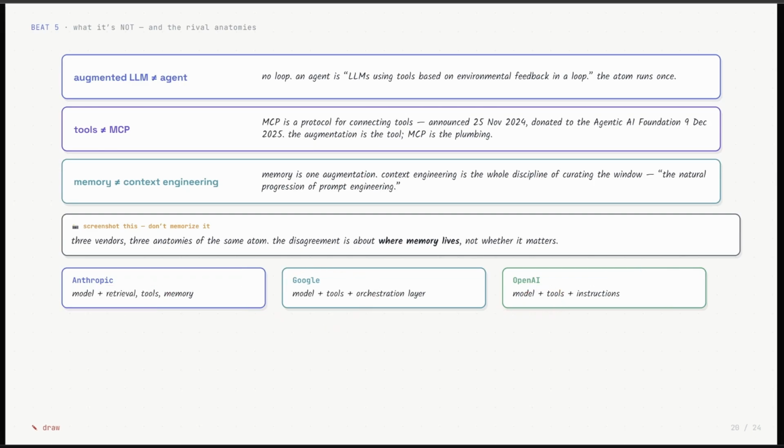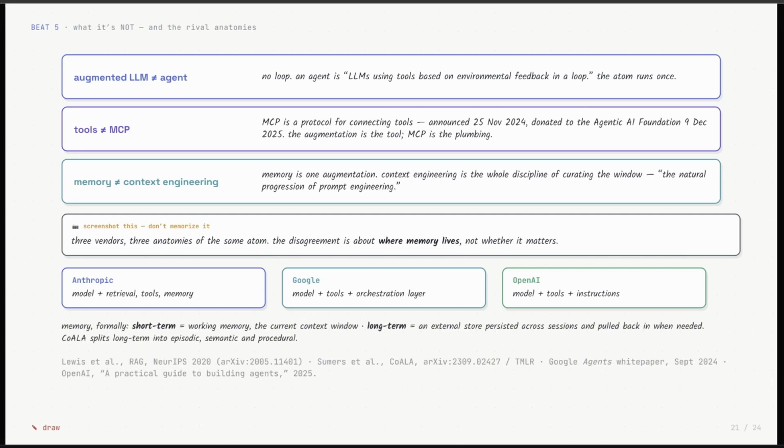But after that, the disagreement is about the memory, where the memory lives, how to call it. I don't think this disagreement really matters, because at the end of the day, it's a token. It's an input token for your agent, and you need to decide if it should be there or not.